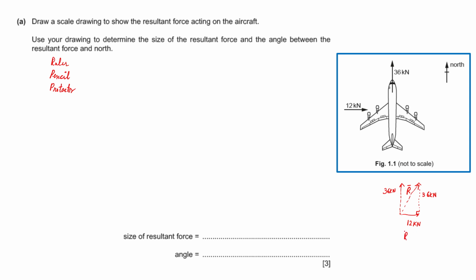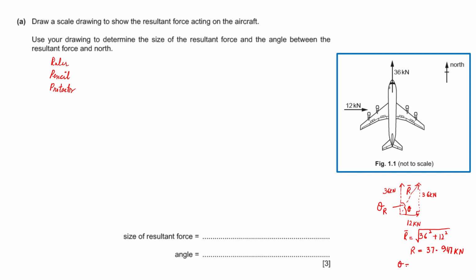So for example, resultant force is the square root of 36 squared plus 12 squared. This will give us the value of the resultant force. The value will be around 37.947 kilonewtons. And if we want to calculate this angle, say we call it theta r with respect to north, first we have to calculate theta.